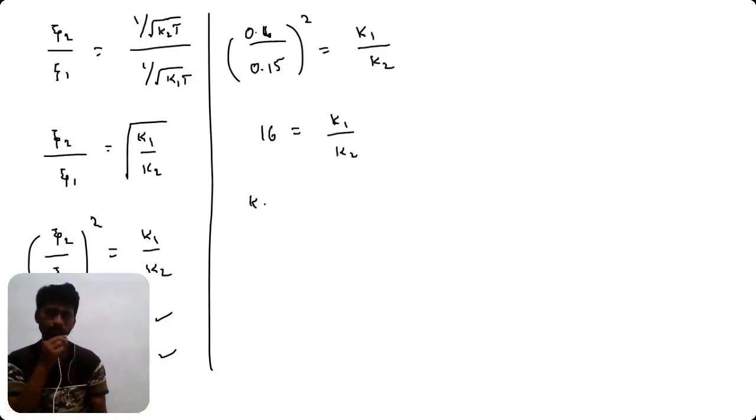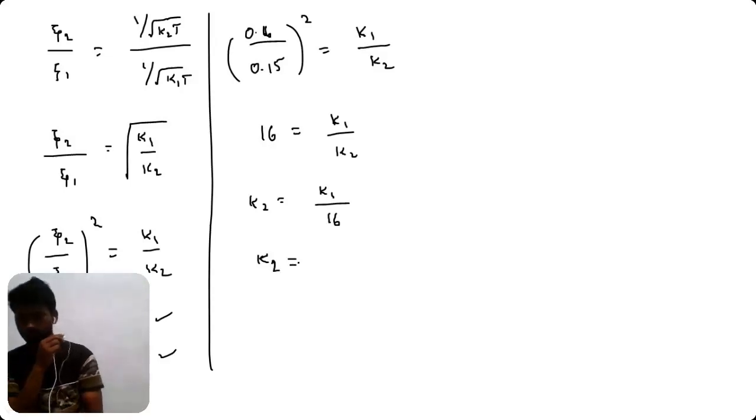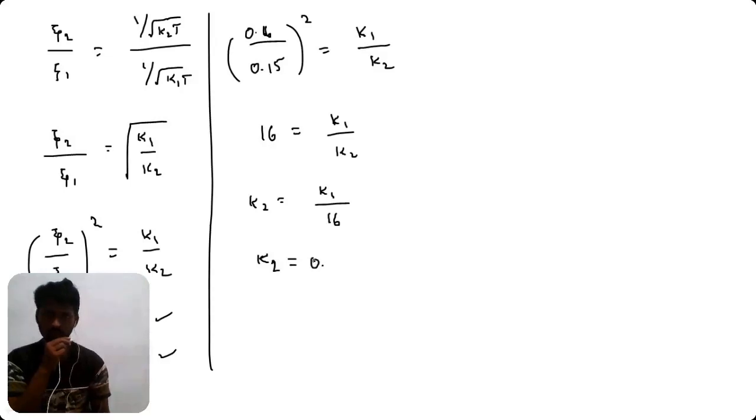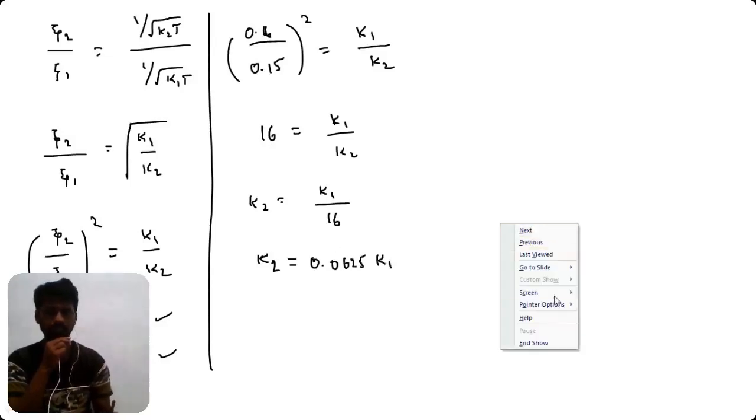Then K2 equals K1 by 16, which is 0.0625 into K1.